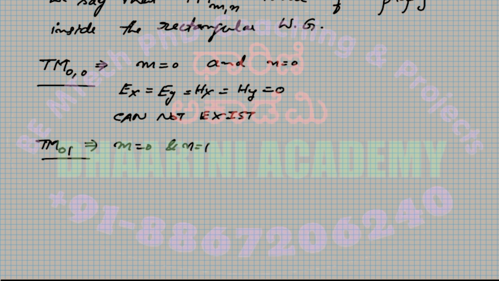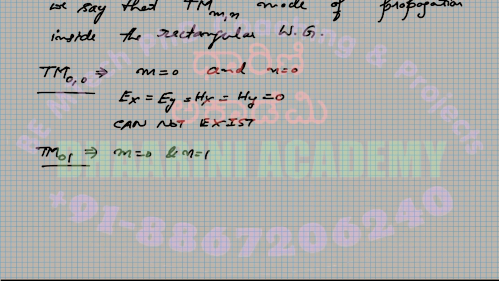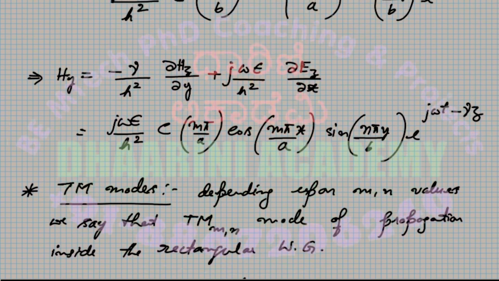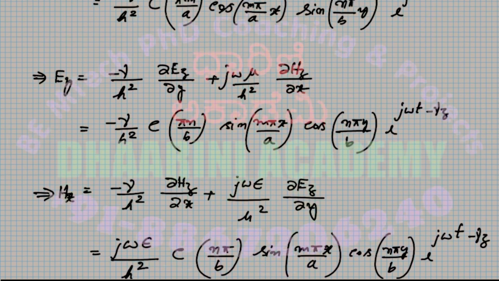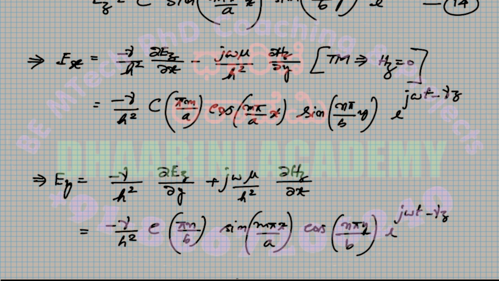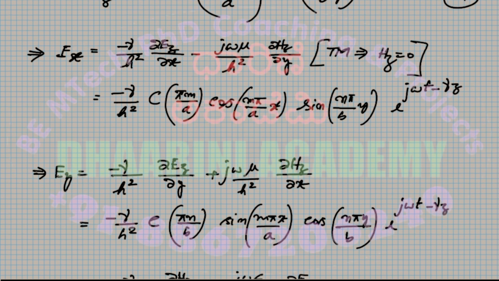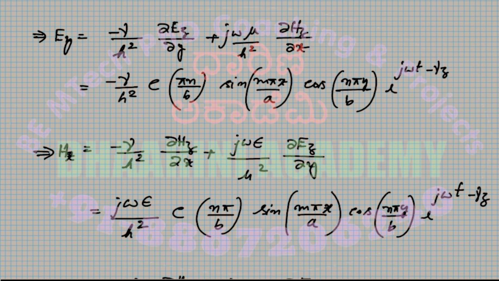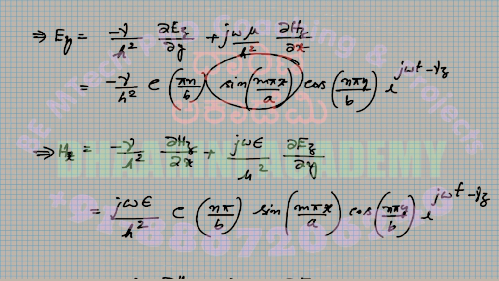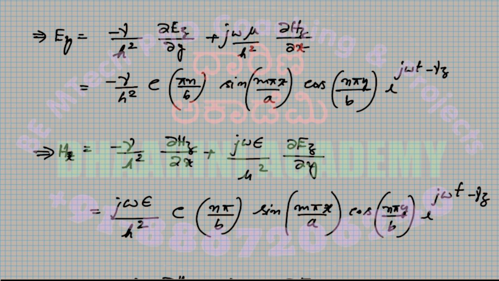If all the fields vanish, then I can say that no, it cannot. Any one of the fields existing means yes, that can propagate. So m is 0, first thing vanishes. I'll go to the second one. Second, also I have a sine of m into something. So sine 0 is 0. That's also not going to exist.